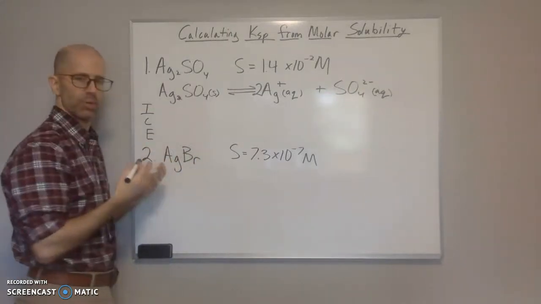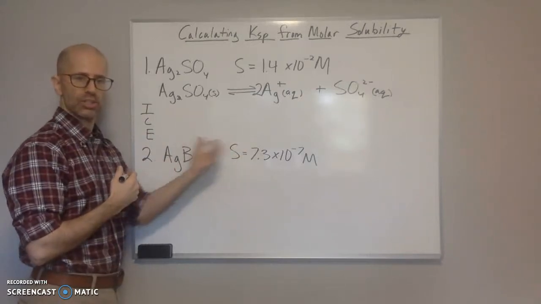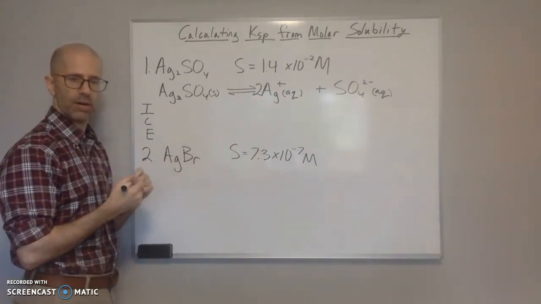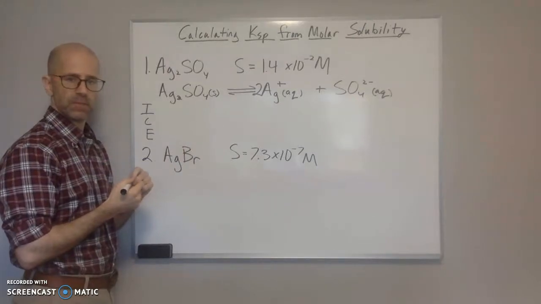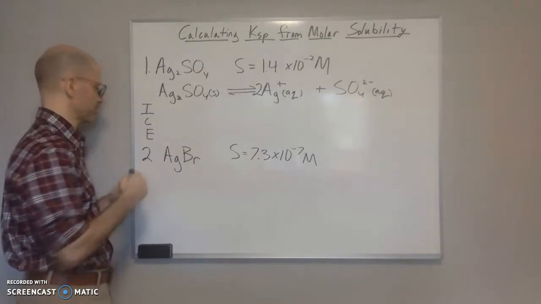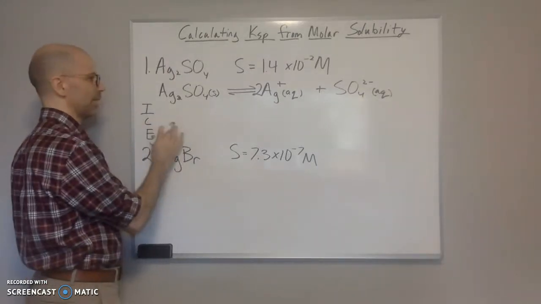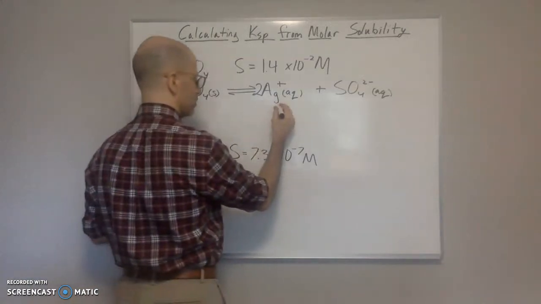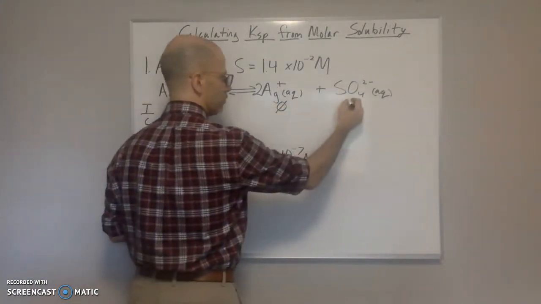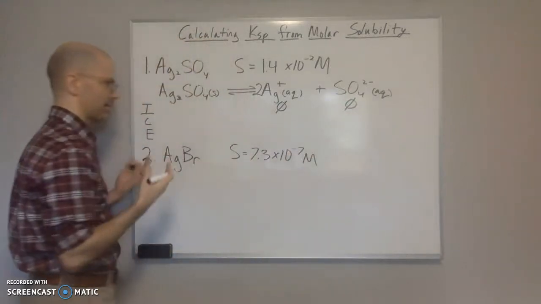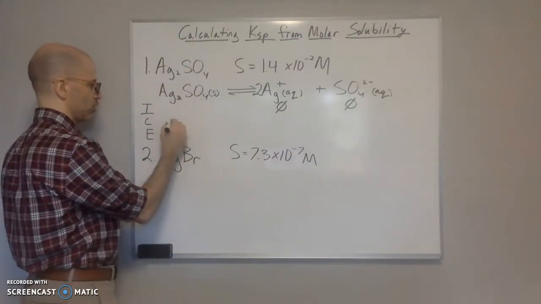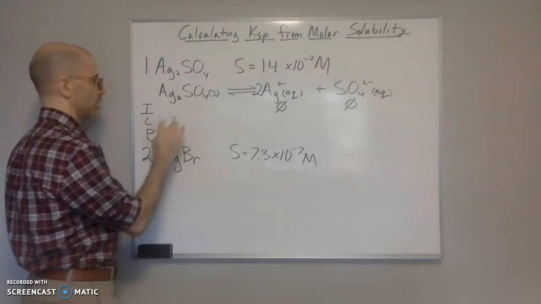So we need our equilibrium expressions for how much dissolved so that we can put that in and create our Ksp expression. In the beginning, initially, it's all going to be solid, and there's going to be zero amount of the ions in solution. But then it's going to dissolve, and there's going to be a change.